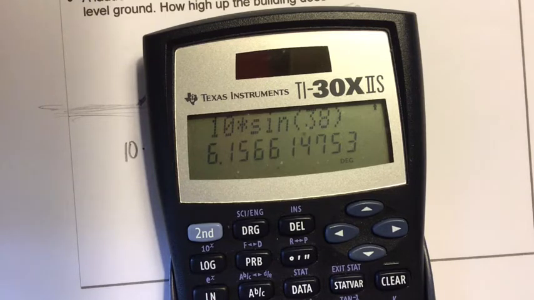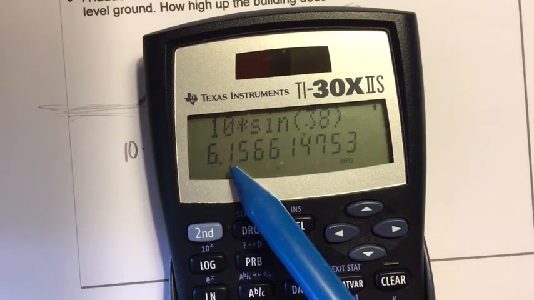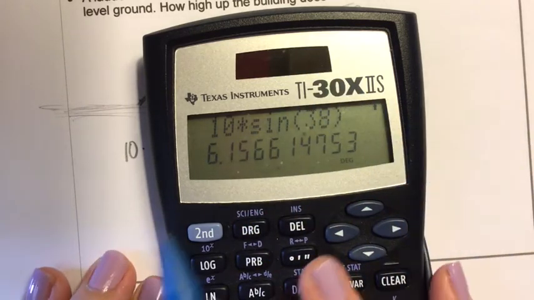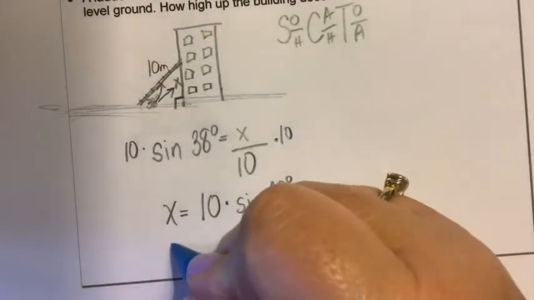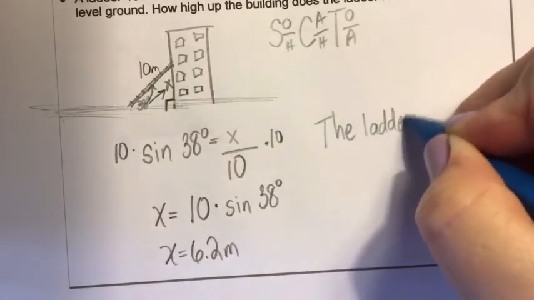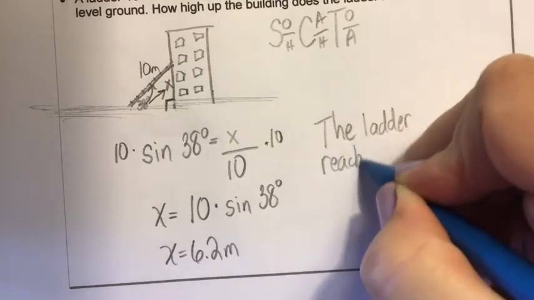We will round to the nearest tenth again. So here's the tenths place. So 5 tells me to go up 1. 6.2 meters is my answer. The ladder reaches 6.2 meters.